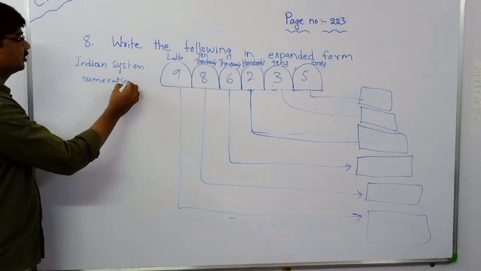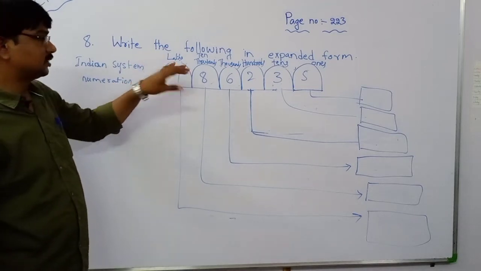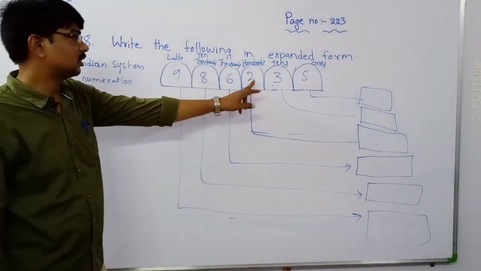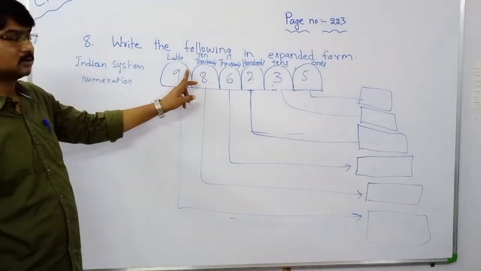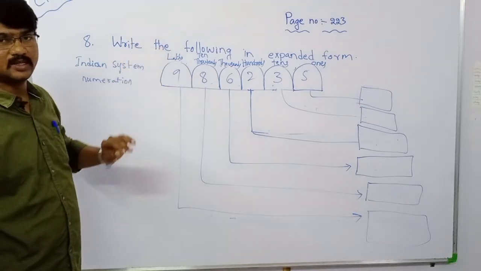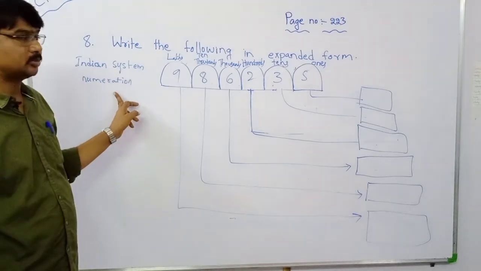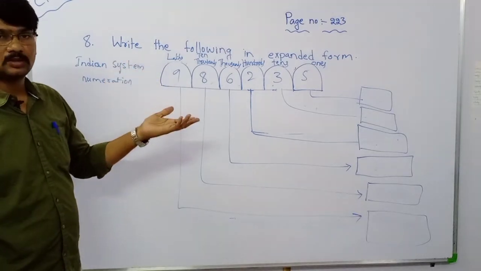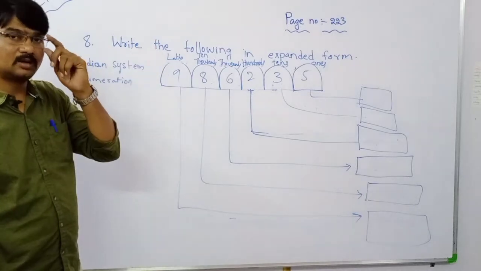Indian system of numeration. It means in India we are using this system: ones, tens, hundreds, thousands, 10,000s, lakhs. One more system is there, the international system of numeration. It is used all over the world.